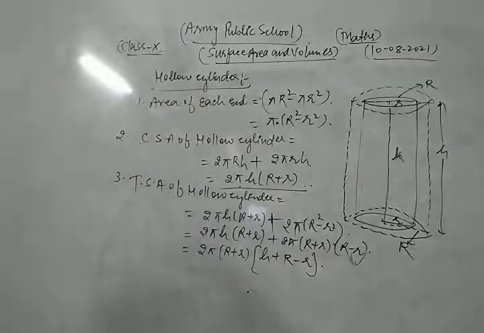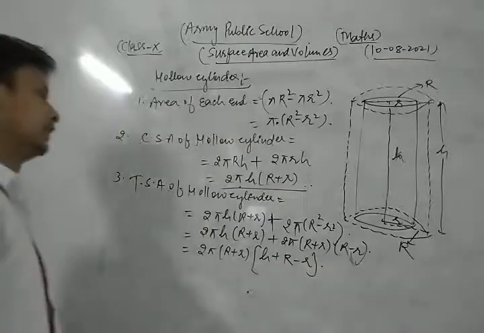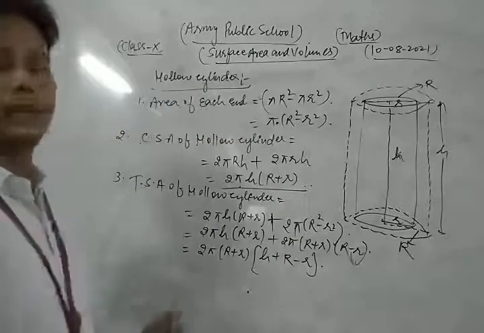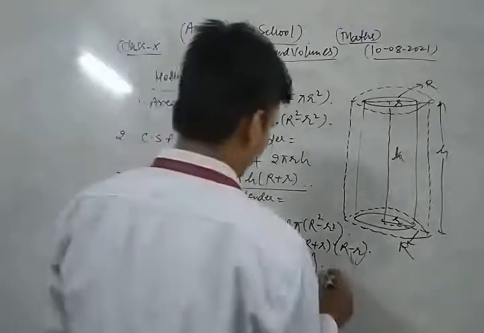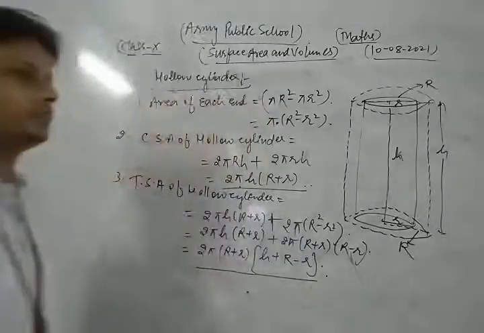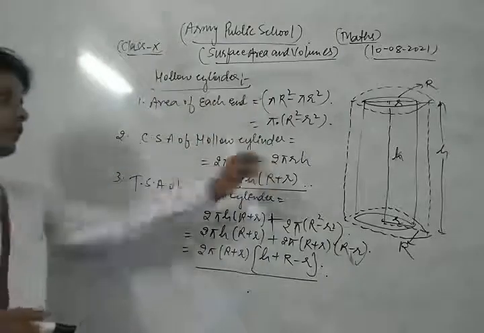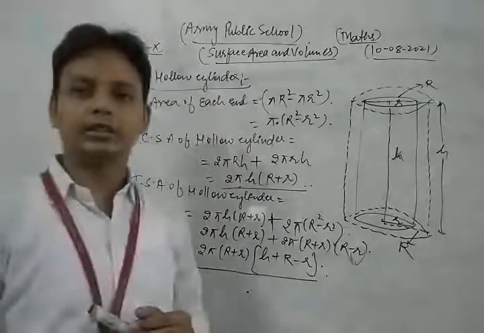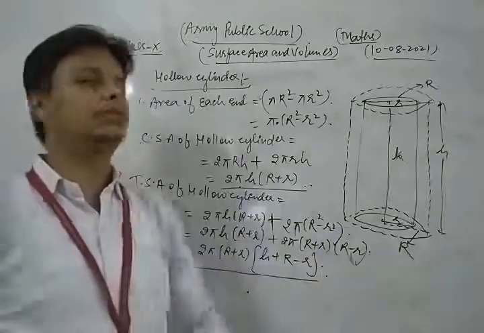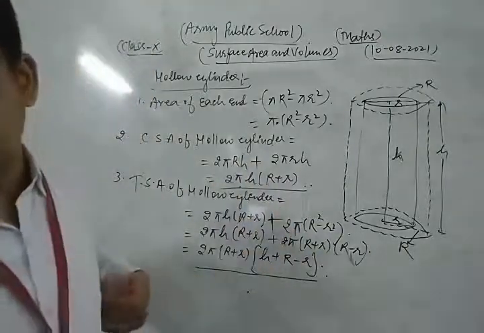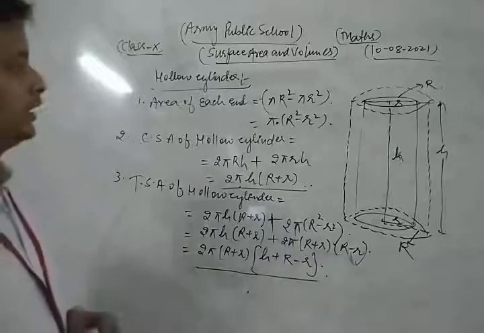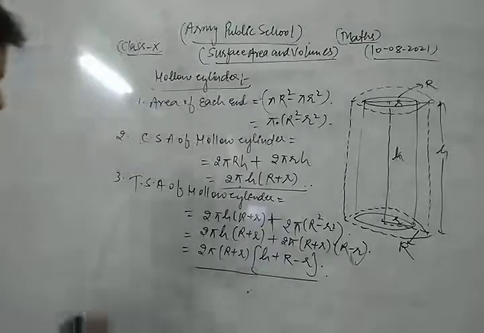So the formula is 2 pi in bracket capital R plus small r, in bracket h plus R minus r. This is the formula for the total surface area, and the earlier one is for its curved surface area. So please, dear students, first of all learn the formulas very carefully.